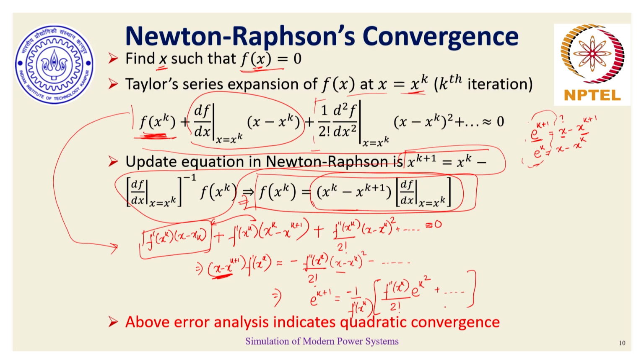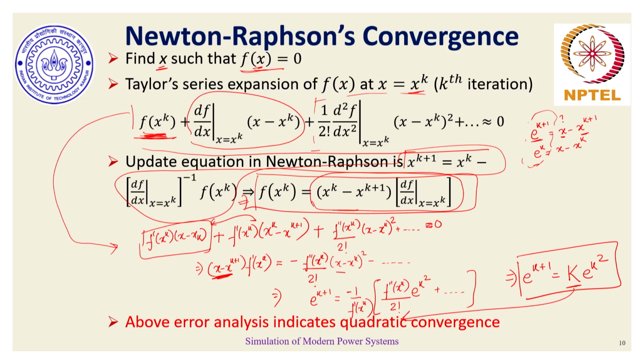Even if these other terms exist or they don't exist, the first clear-cut indication is e(k+1) is some function of ek square, where capital K here is all those known terms.